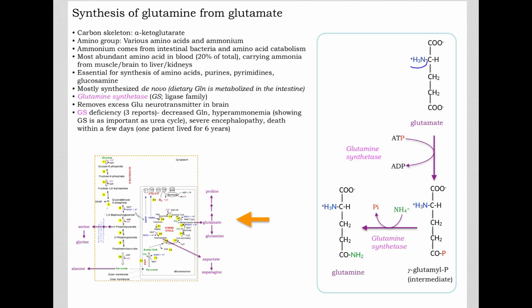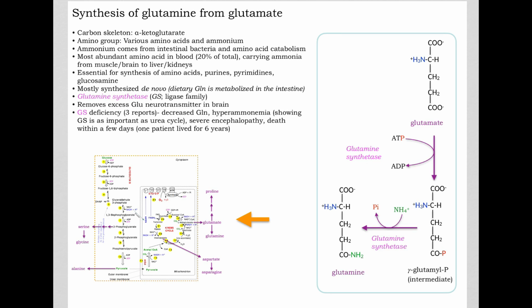The amine part of glutamate, as we discussed earlier, comes from various amino acids. However, the amine that is part of the amide linkage in the side chain of glutamine comes from ammonium. So while the carbon skeleton of glutamine comes from alpha ketoglutarate, the amine groups of glutamine come from various amino acids as well as ammonium ions.